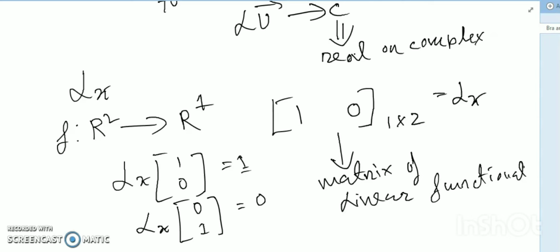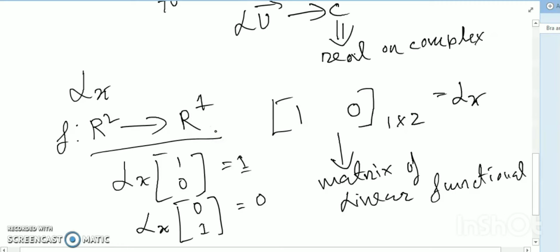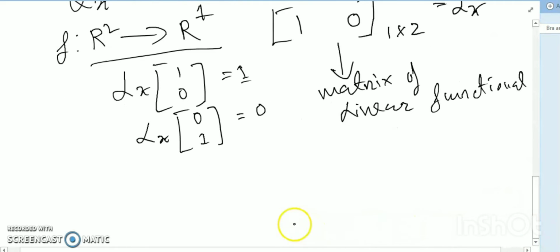Remember that in R squared a linear functional is a linear map that takes us from two dimensions to one dimension, R squared to R. By definition, this means that all linear functionals in R squared are represented by a 1 by 2 matrix.